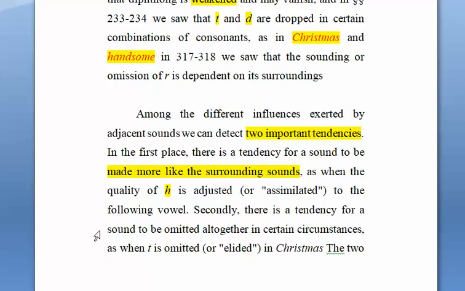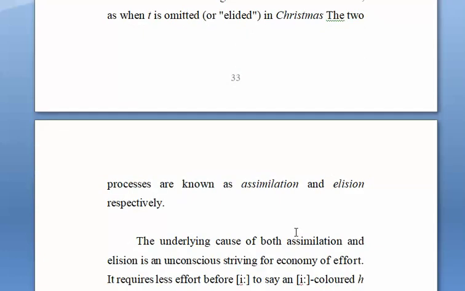Secondly, there is a tendency for a sound to be omitted. So sometimes a sound is adjusted or assimilated, and sometimes it is omitted, all together in certain circumstances. When t is omitted or elided in Christmas, the two processes are known as assimilation and elision. This is our lesson today, assimilation and elision.